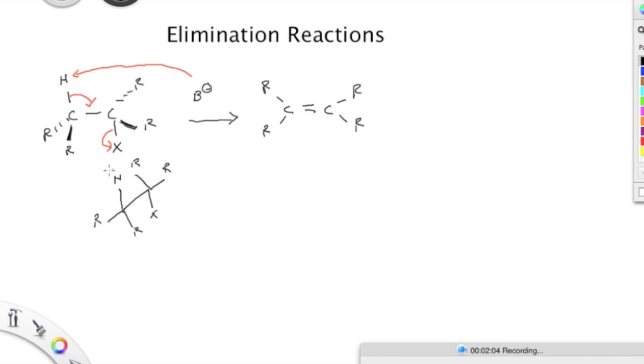Notice how this one, the hydrogen is up and your X or leaving group here is down. So what you can do is convert this into a Newman projection, so that would look something like this.